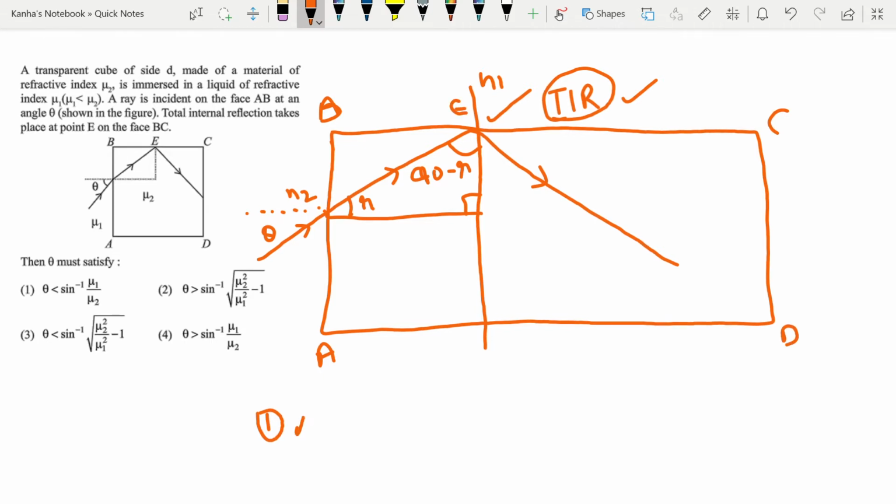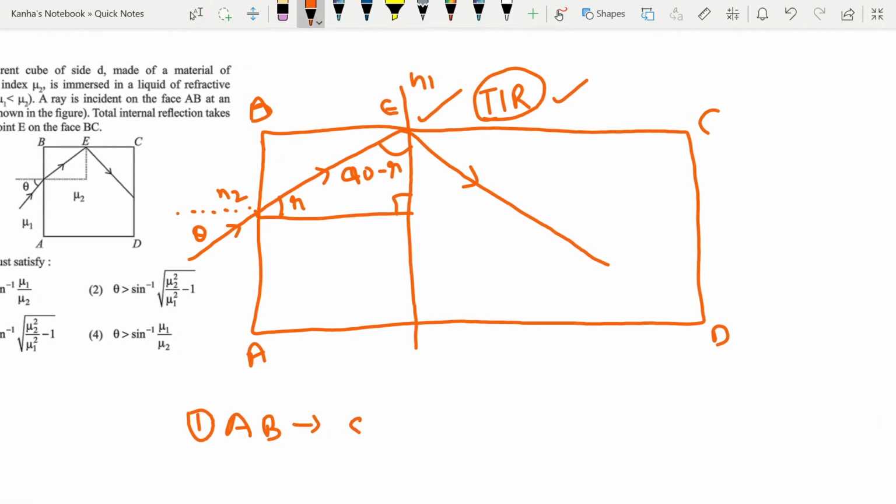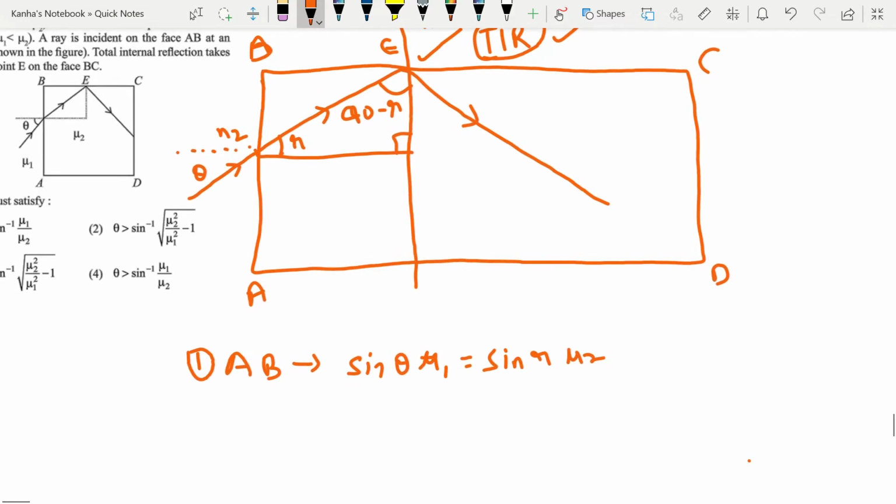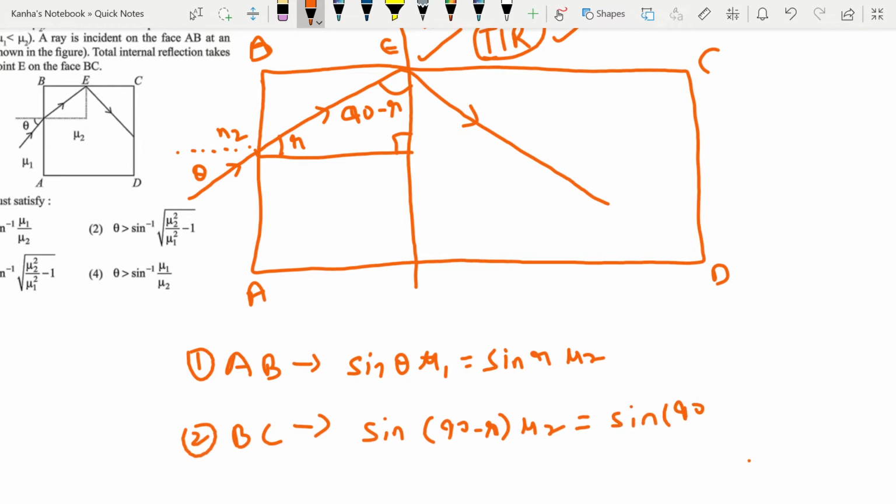If I take the AB surface, I can use Snell's law to write sine theta into mu1 is equal to sine R into mu2. For the case of total internal reflection on BC, I can write sine of 90 minus R into mu2 is equal to sine 90 into mu1.